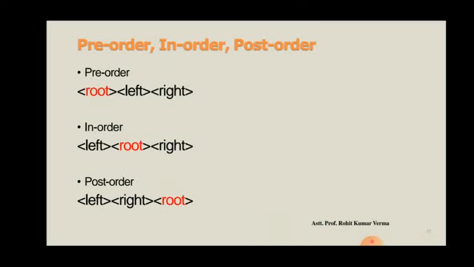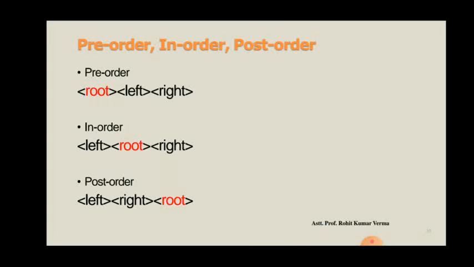In in-order, first we visit left, then root, then right. In post-order, first we visit left, then right, and finally root. So these are the three orders of tree traversal: for pre, root, left, right; for in, left, root, right; and for post, left, right, root.